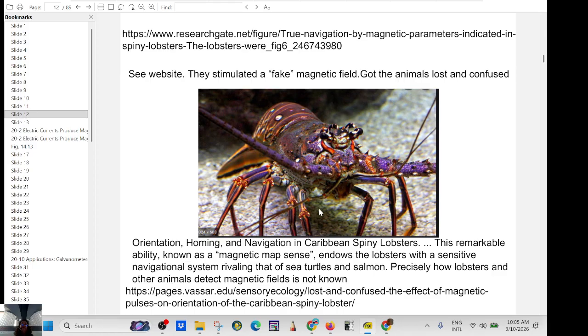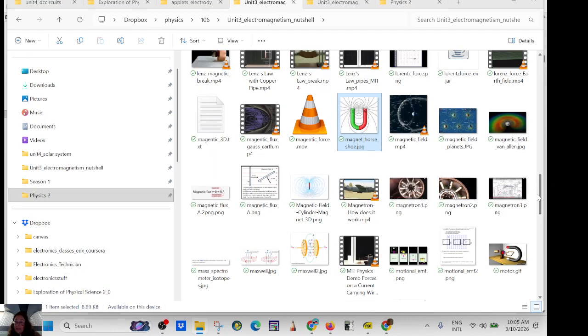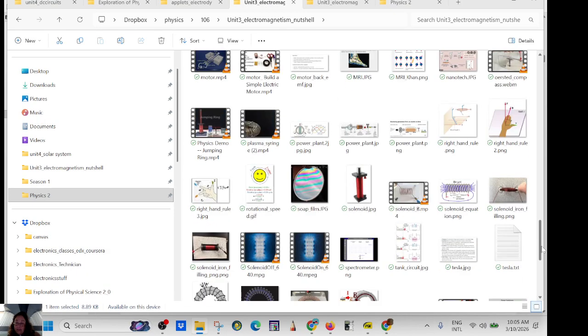They did an experiment where they put an external magnetic field, and those poor things got lost. They went too far away from the shore, because they use the magnetic field to make sure they don't go far off. They have to stay close to the shore. So they disrupted them. I don't think that was very nice, but I guess it's for the sake of science.